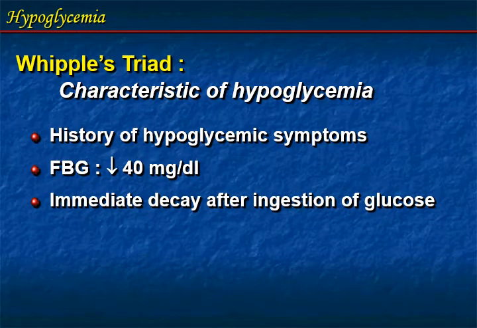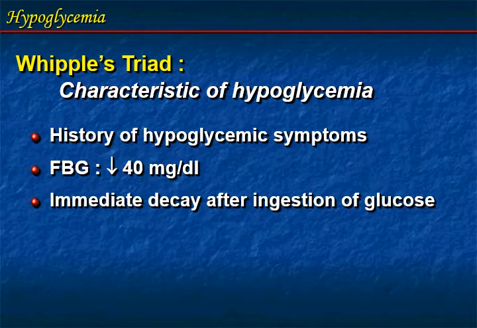The symptoms mainly are called Whipple's triad. The characteristics of this Whipple's triad: history of hypoglycemic symptoms, which we said earlier, such as palpitations, circumoral numbness, cold clammy sweat. But the mainstay here is that the fasting blood glucose is below 40. Earlier, when we talked about hypoglycemia in the general circulation, we said it's 70.